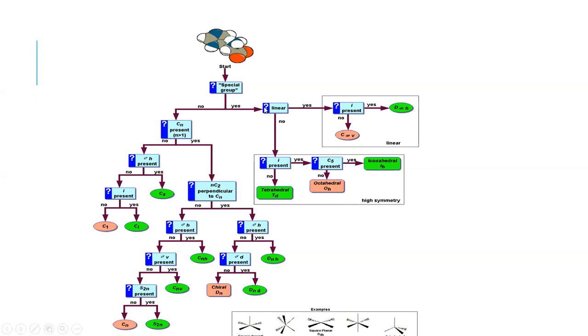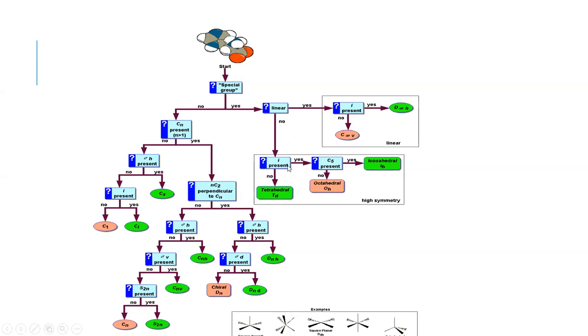If a molecule is not linear, then the other question we have to ask is whether the center of inversion is present for the molecule. If there is no center of inversion and there are four C3 axes, then the point group of the molecule is tetrahedral.